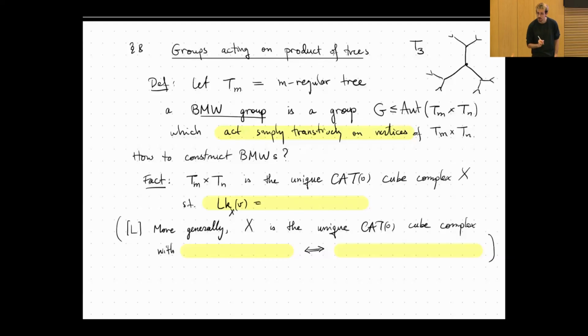Well, one has to do a slight computation. So it is the complete bipartite graph on M and N vertices. Okay, so the link in one tree is just a disjoint collection of M vertices and the other N, and you connect all of them because you take a product.